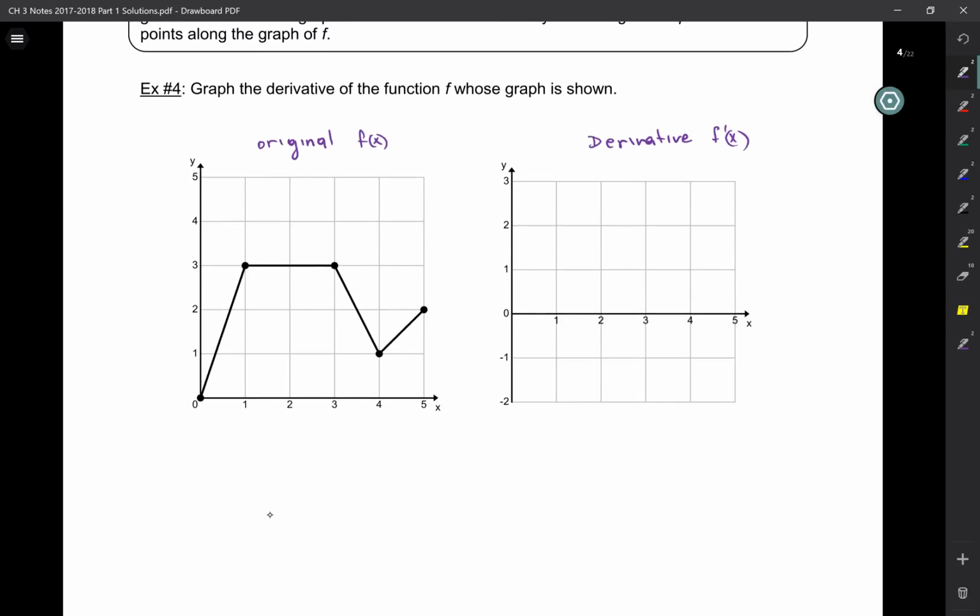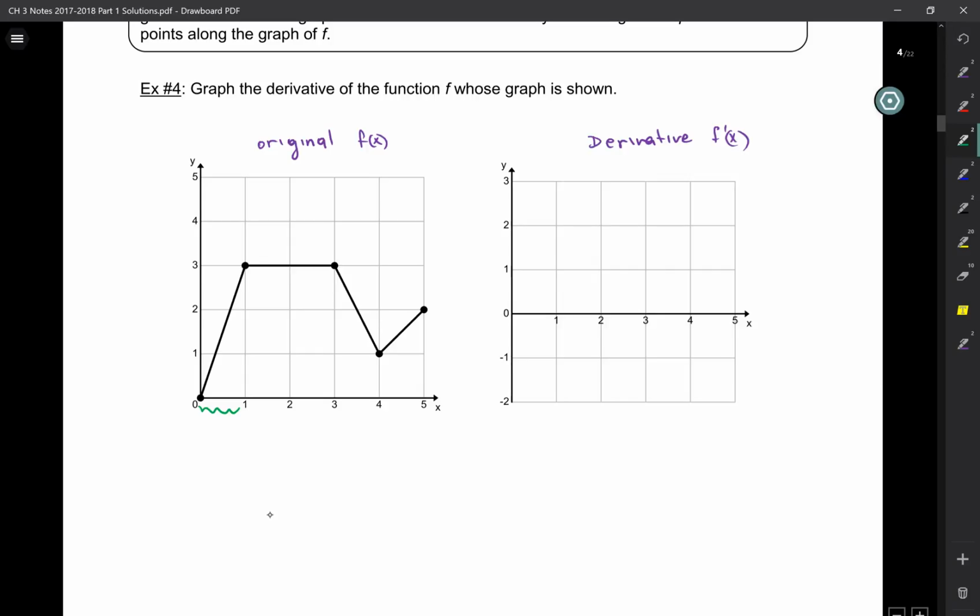So what we're going to do is divide this into how many regions? 3. One more. 4. 4 regions: 1, 2, 3, 4. We're not going to do the area. That's the other way. We're going to do the slope. The first region goes from 0 to 1.